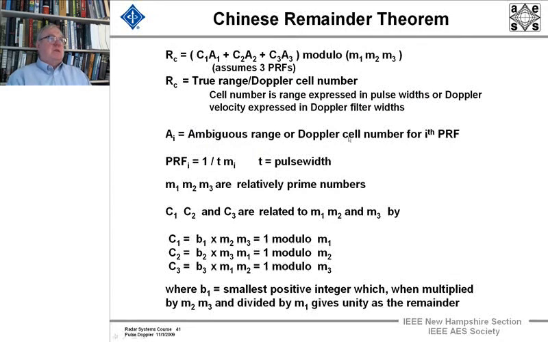And now on to the Chinese remainder theorem. Things can get messy when you use multiple PRFs, and this one is the simplest one to go over when you have 3 PRFs, and it's how you use it.